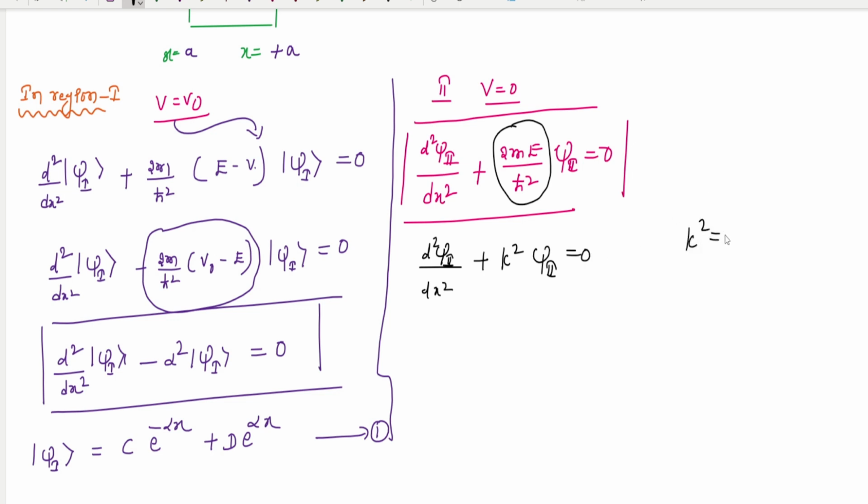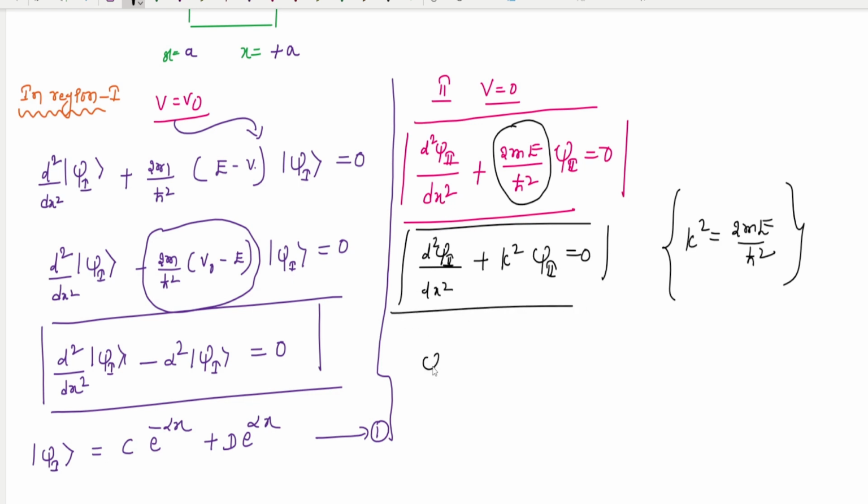So k square equal to 2mE divided by h cross square. Then what is the solution of this equation? A second order differential equation with solution in terms of x. Then I'm going to write this solution: a sin kx, because here k is there. This is one dimensional, that is a trick. Plus b cos kx. This is the second solution.